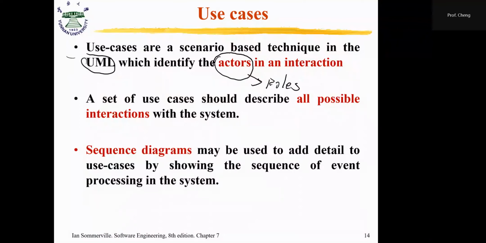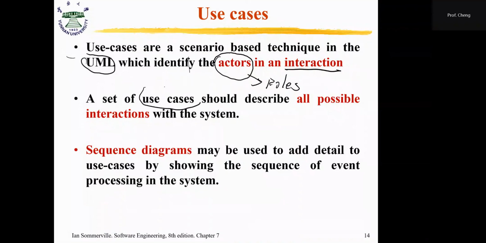So in the first step, when you write this requirement document, the first thing is you need to identify the user cases and the interactions. This means what students can do in the system and what the lecturer can do. That means, okay, this is first. And the second, a set of user cases.